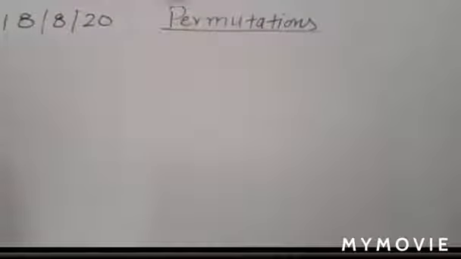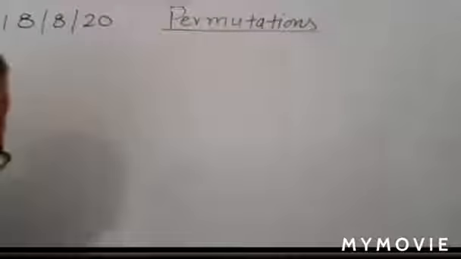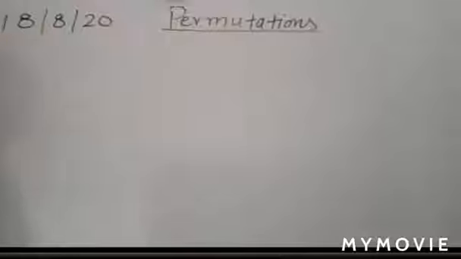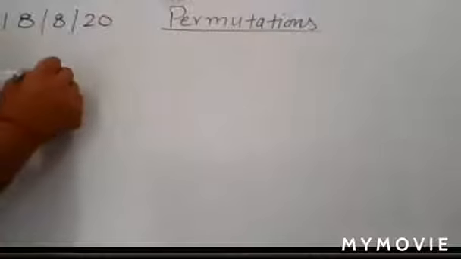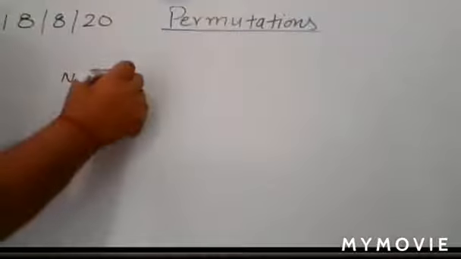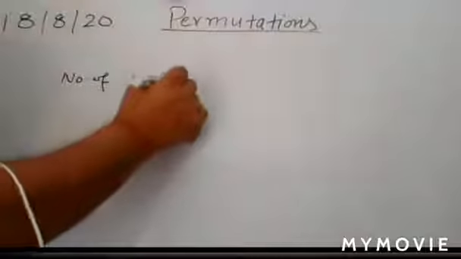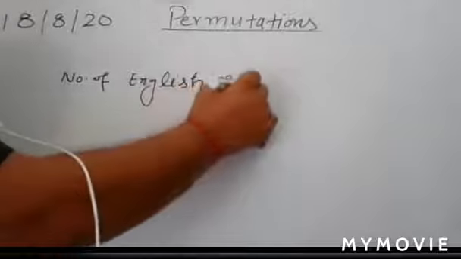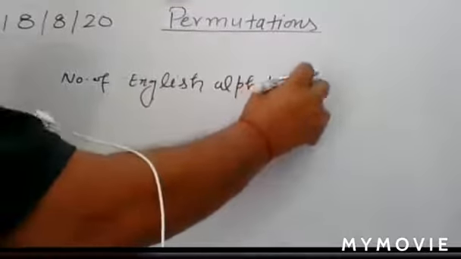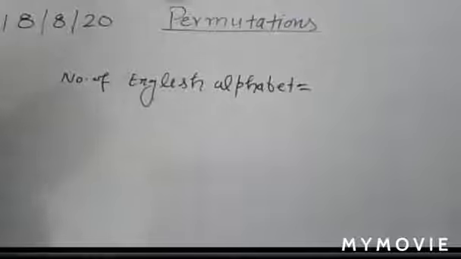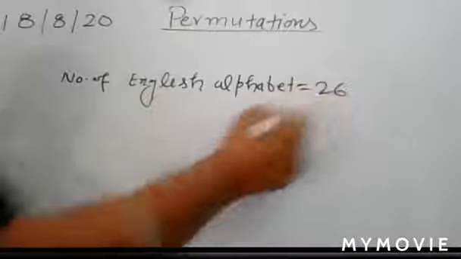Okay. So just see in which way your code is formed here. The total number of English alphabets is what? 26, you know it. So you write, number of English alphabets here is 26.